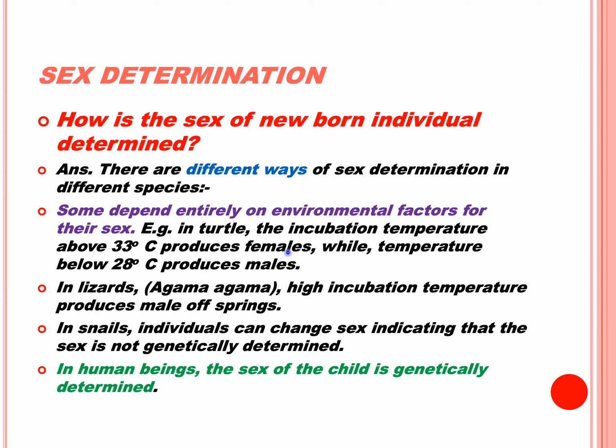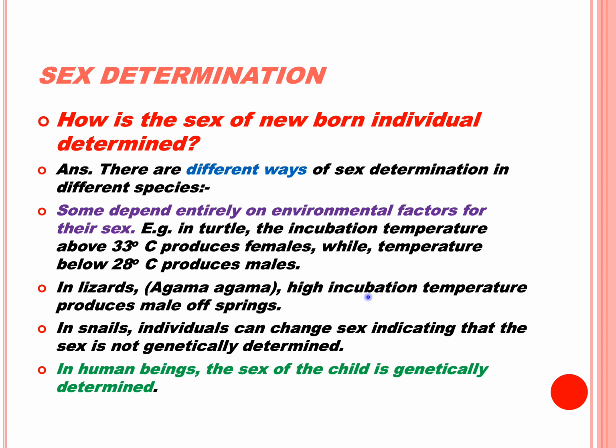So in these type of organisms, the sex of the offsprings does not depend on the genes. It depends on the environmental factors. See another example. In lizards, Agama is the scientific name of these lizards, the species of this lizard, Agama.